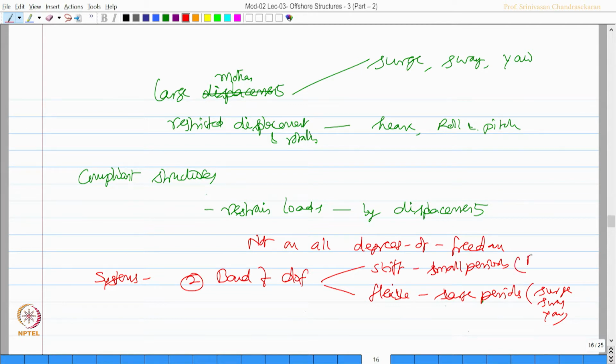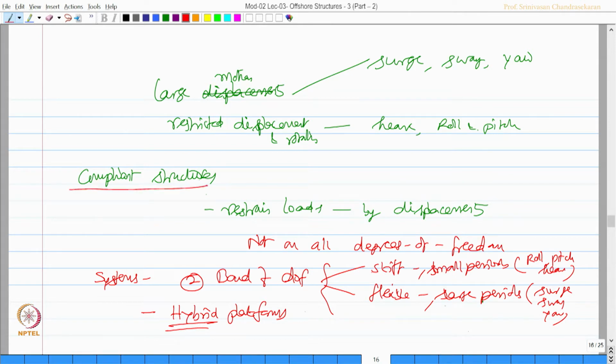Small periods will have roll, pitch and heave. Are combined in a single platform. Such platforms are called hybrid platforms. Hybrid because 2 bands of frequencies or periods which are either very large or very small are combined on the same design, and such designs are called hybrid platforms.